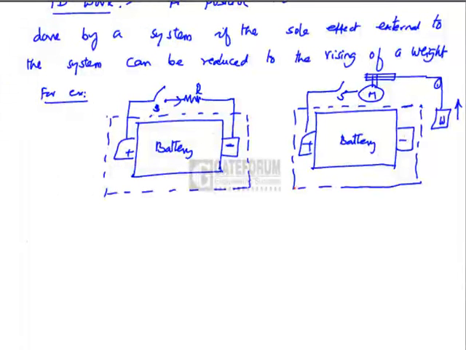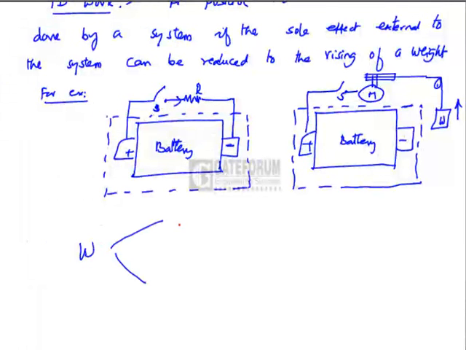Hence, the effect external to the system is reduced to the raising of a weight. So, even in the first figure, when current passes through the resistance, some positive work is said to be done by the battery.